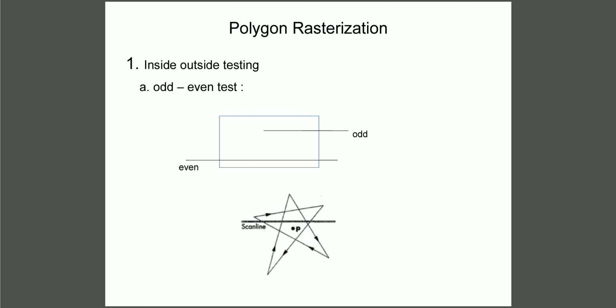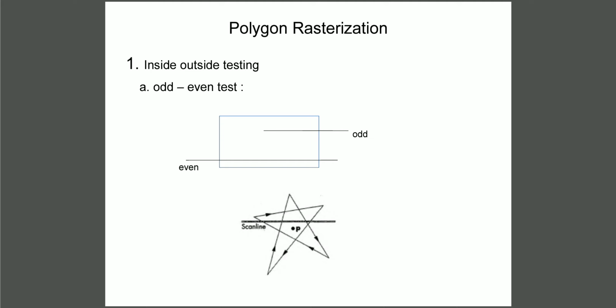The test says if a line segment intersects two edges, or an even number of edges, then the corresponding pixel is outside the polygon. But in this case it is wrong because P is inside the polygon and the corresponding pixel needs to get updated with the foreground color. So the odd even test doesn't give a valid result for a complex polygon.